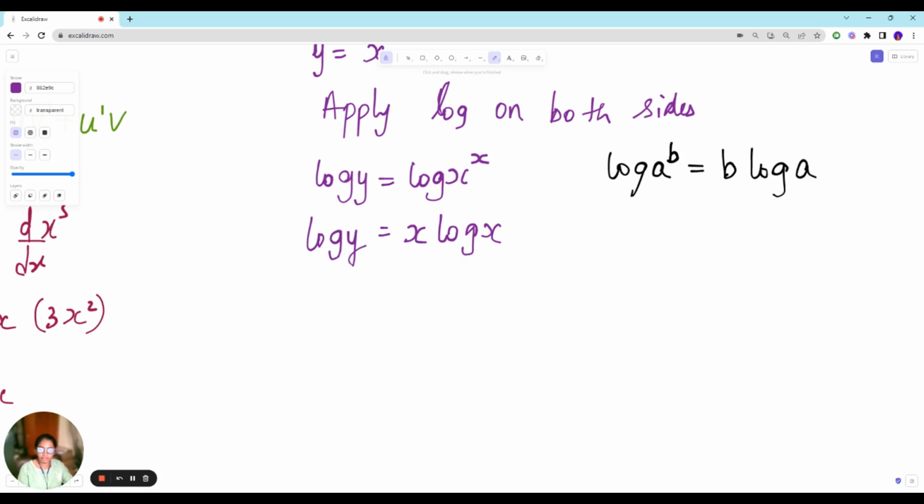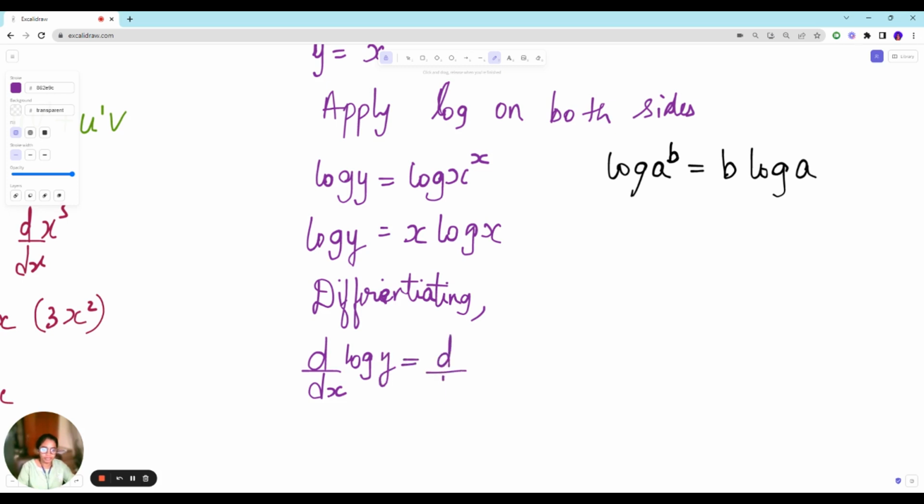Now I'll differentiate. What is differentiation of log y? On differentiating, I would get d by dx of log y is equal to d by dx of x log x.